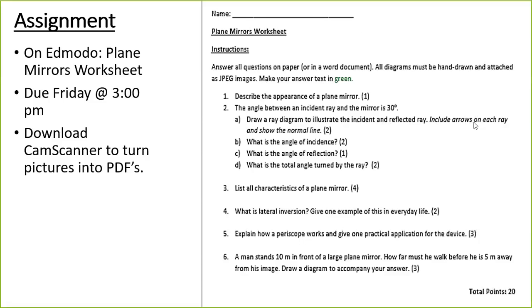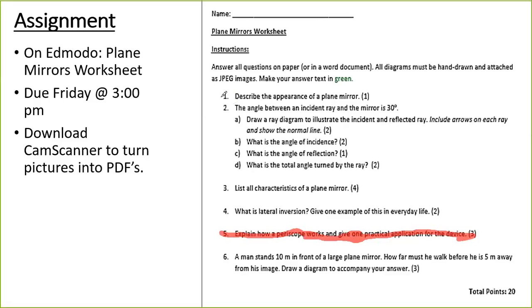One thing that I need to tell you is to ignore, and I put this in your instructions on Edmodo, but I'm going to say it here just in case anybody forgets. I want you to ignore this question, okay? Because that's not covered in this lesson. So number 5, ignore, okay?